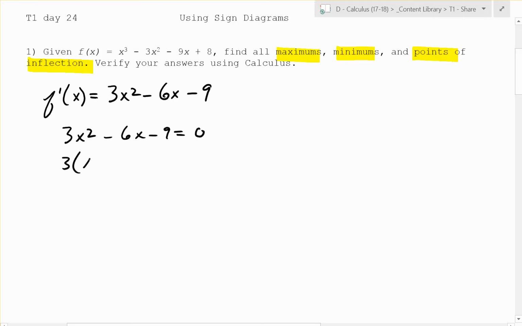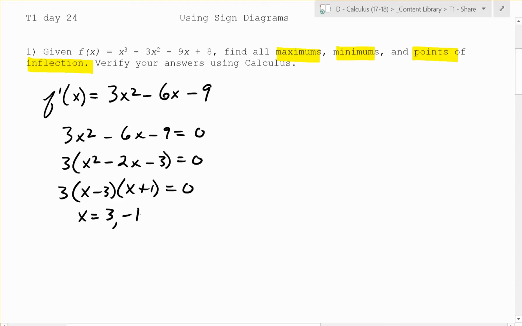We can pull out a 3 and get x squared minus 2x minus 3. And then we can factor quite nicely into x minus 3 times x plus 1 equals 0. So that means x is going to be 3 or negative 1. So those are the x values that make the derivative 0.